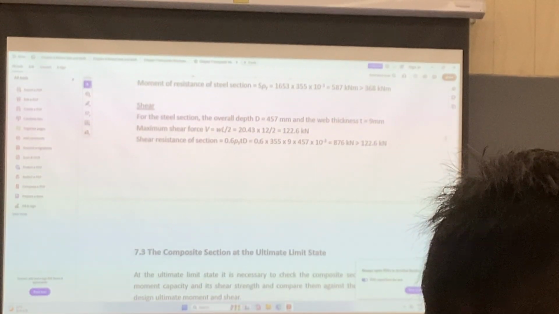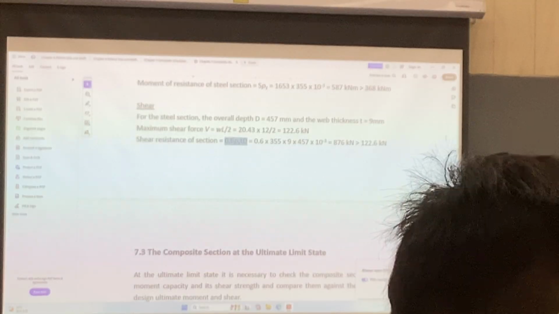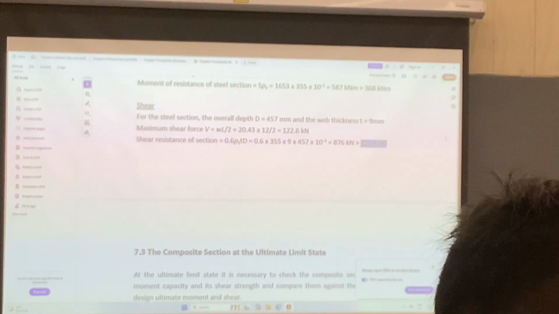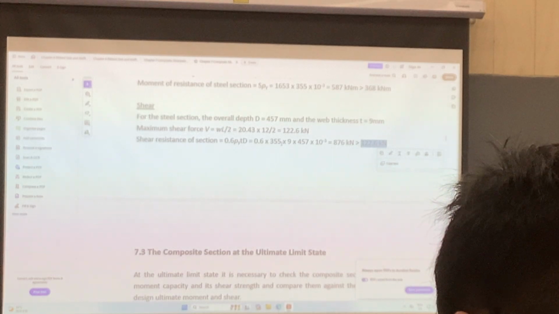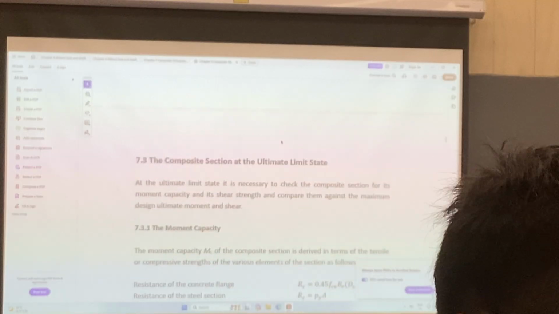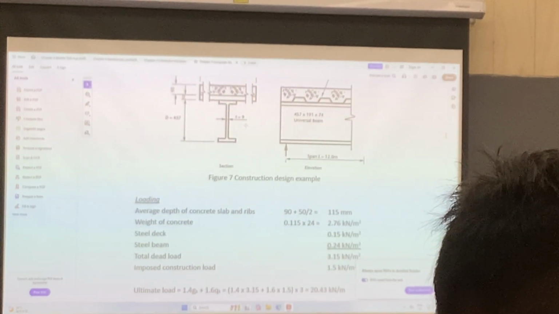And then for this capacity, you can see that it's 0.6 times Py times Tv D. So you can see that the capacity is x76 kN, while your applied load is 122.6. So both the moment capacity and the shear capacity are satisfied. Okay, so no problem. So this is the checking of the steel beam during the construction stage. That means the steel beam is okay.